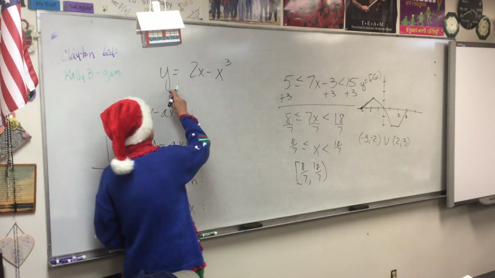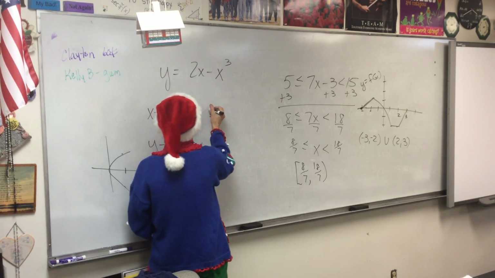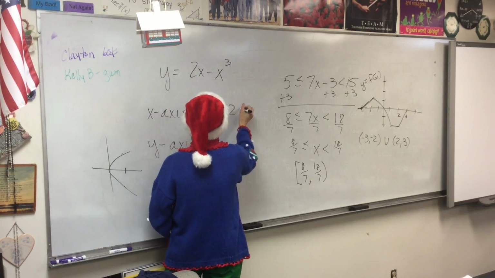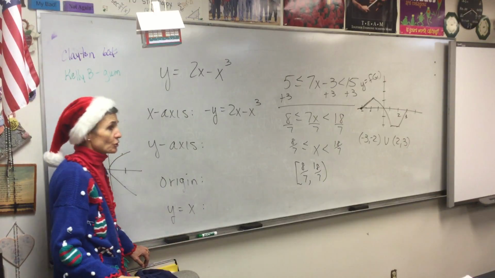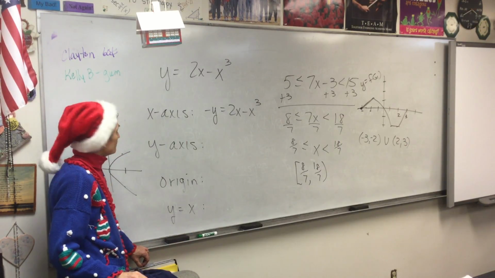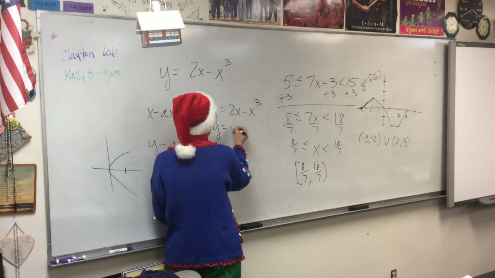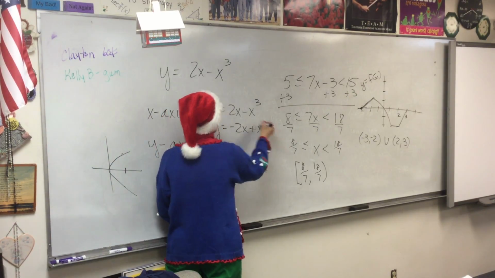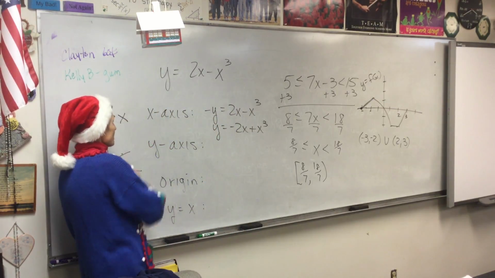So if I change the sign on y, I would have this equation. Is that the same as the original equation? This one would be -2x plus x cubed. Is that the same as the original? No. So there's no symmetry there.